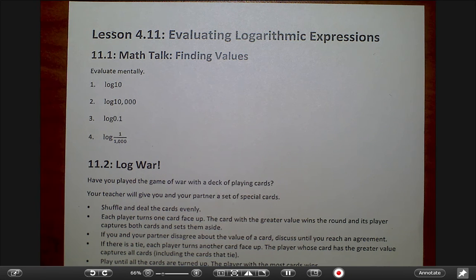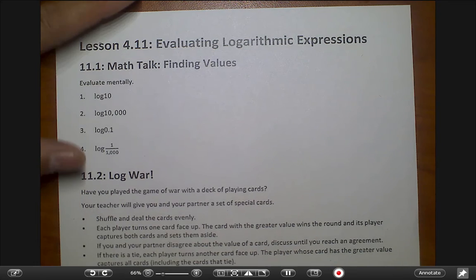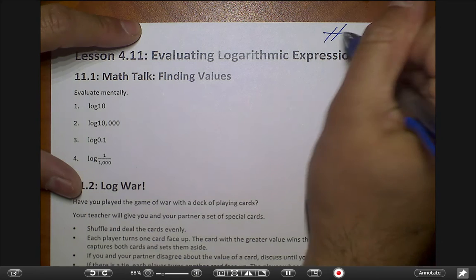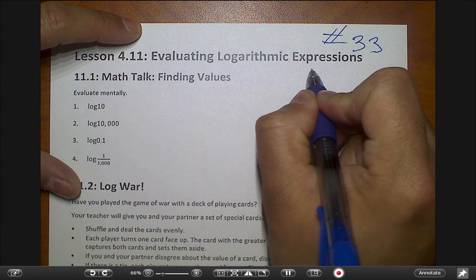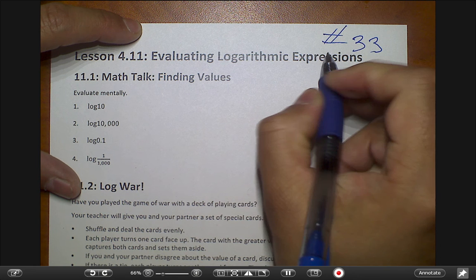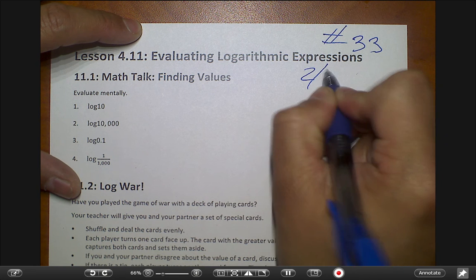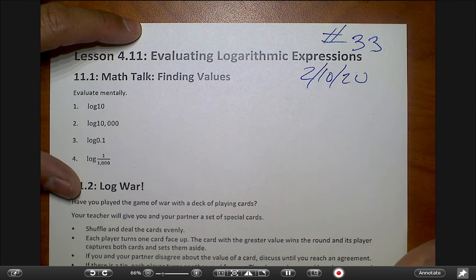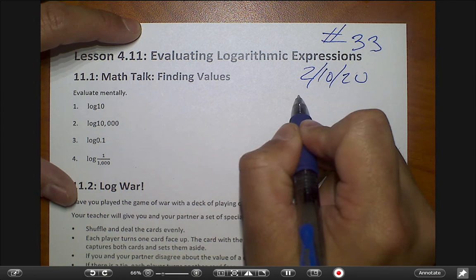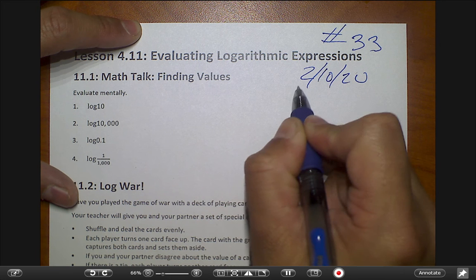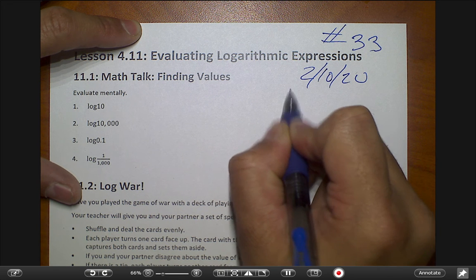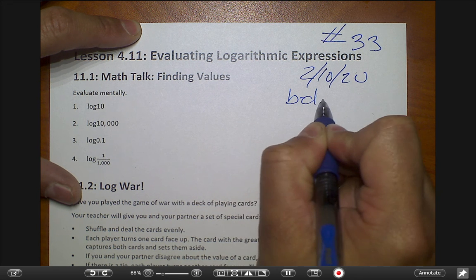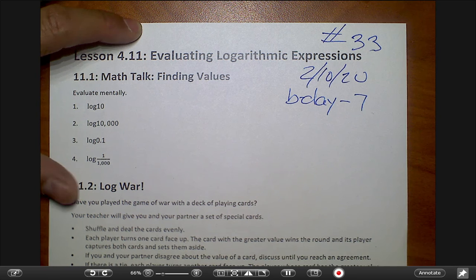Okay, so today, hashtag what? 33. Today's date is a week from her birthday, 2/10/20, next Friday. If we're going to do it mathematically, it is Cameron's B day minus 7.